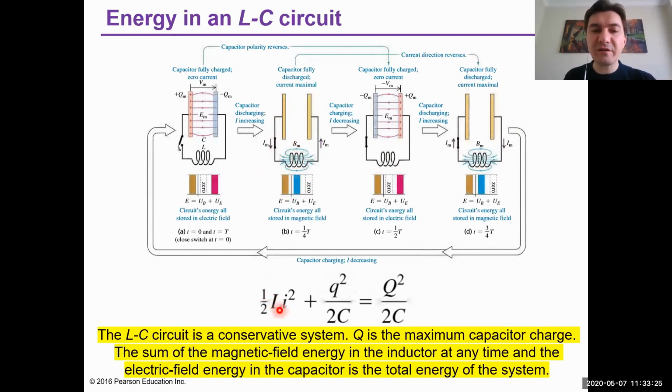So for certain time, we have current in the circuit. For this reason, we have that energy in the inductor, and then we have that energy in the capacitor. So when the Q is different from 0, the energy within that system is conserved. Any question here?